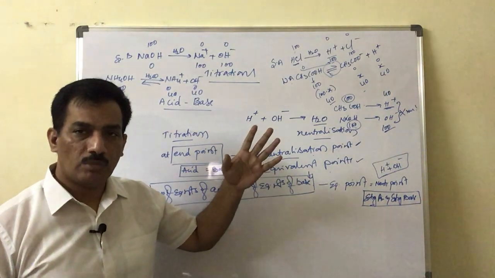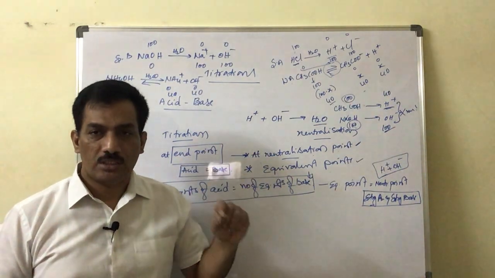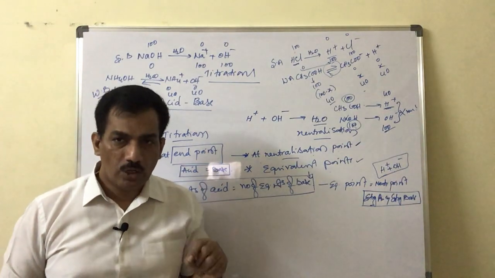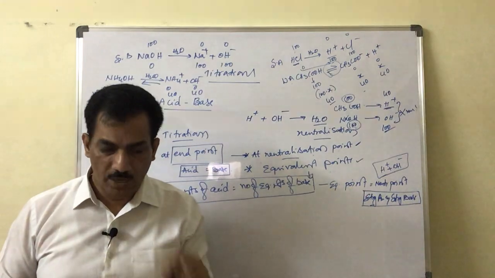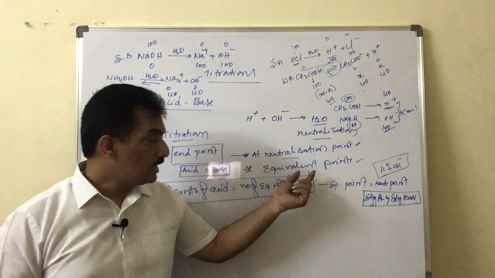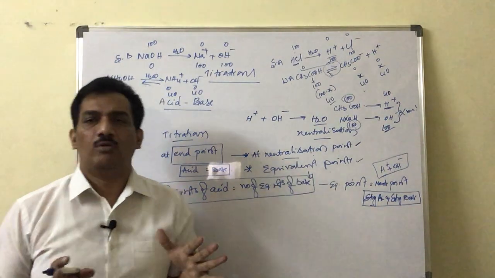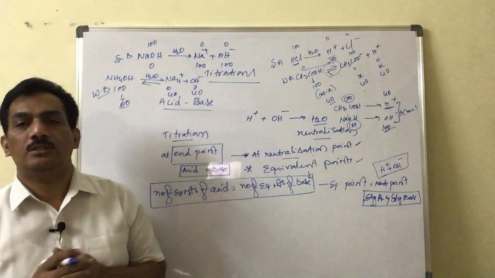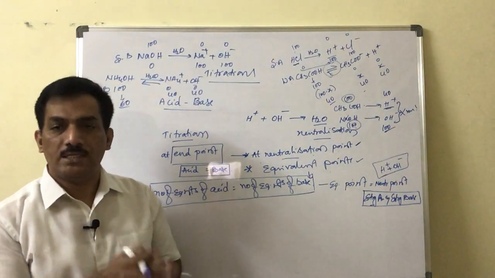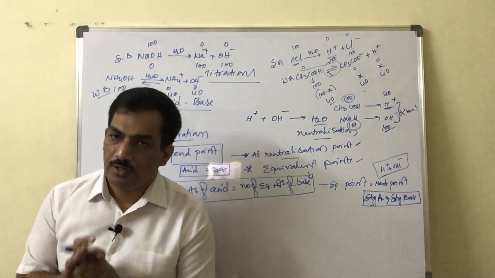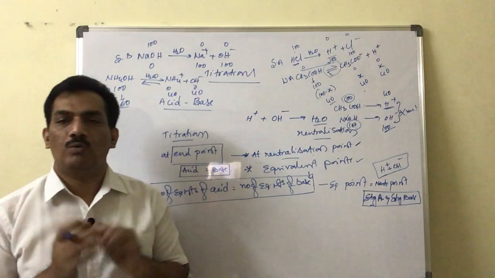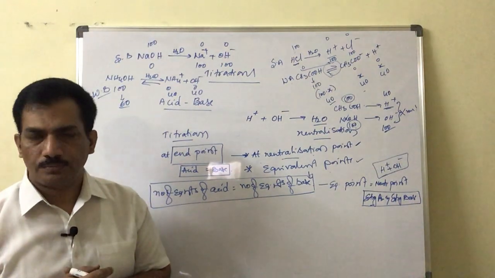Neutralization point is nothing but where all the H plus released from the acid are completely neutralized by all the OH minus released from the base. Then only it is neutralization. And the equivalent point is irrespective of the H plus or OH minus released from these acids. If the number of equivalent weights of acid is equal to the number of equivalent weights of base, then it is sufficient to say that these two are at the equivalent point.